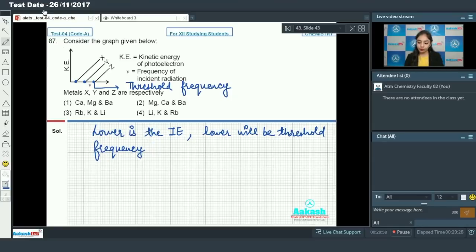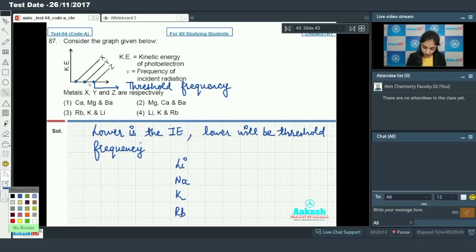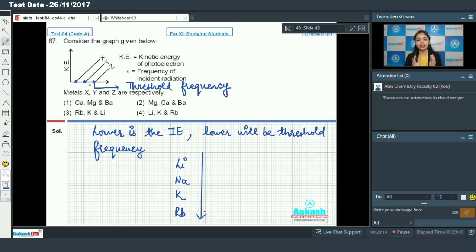So if we talk about the group 1 metals, which are lithium, sodium, potassium and rubidium, as we move down the group, the atomic size increases, and the increase in atomic size overweighs the increase in effective nuclear charge. As a result, ionization energy decreases.